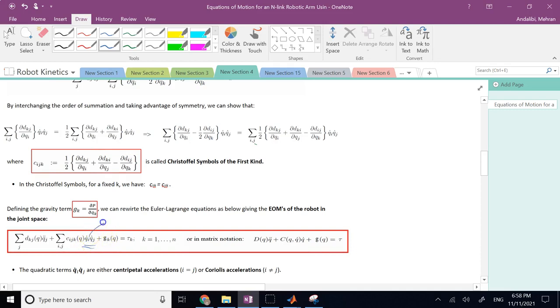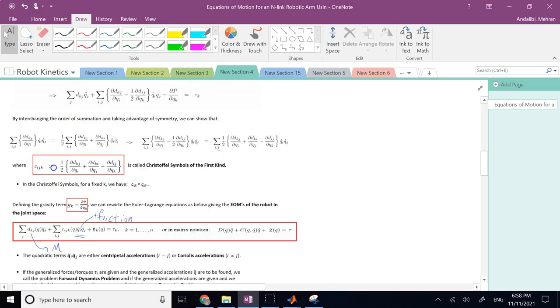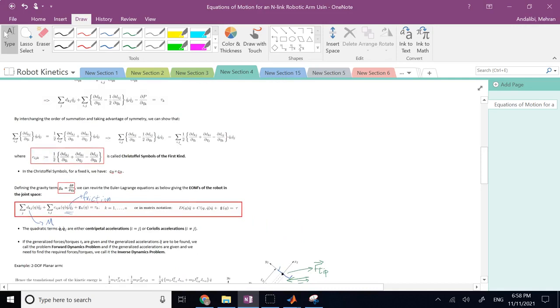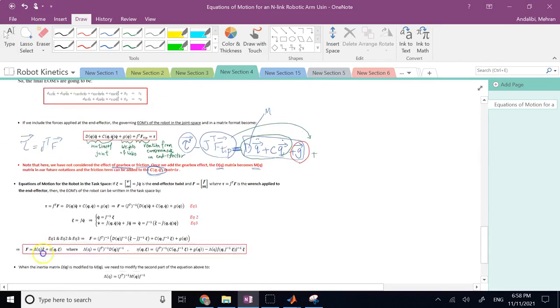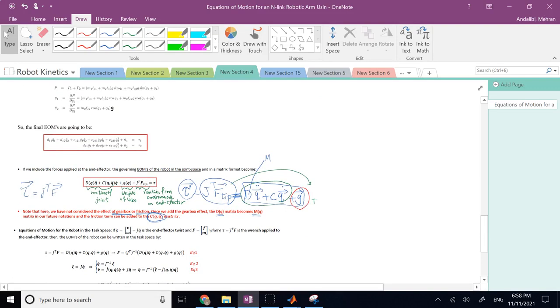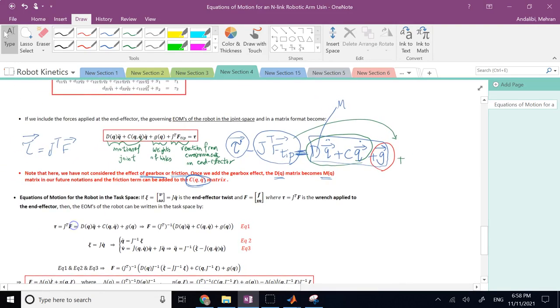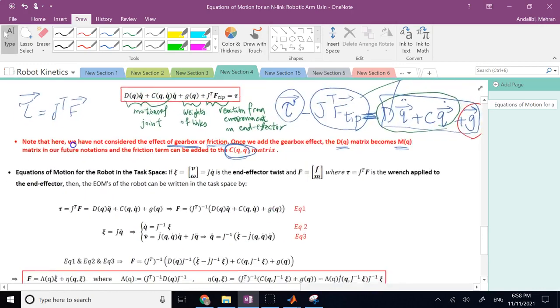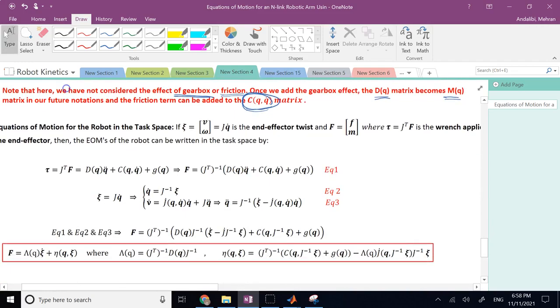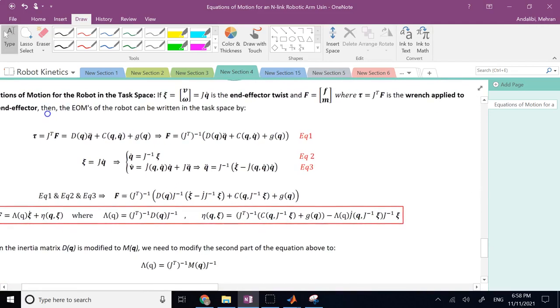But later, some friction terms will be added to it, and this D will be like M. So if you really want to consider all dynamics, then you have to bring those in, and that's what we're going to do in the next video. But right now, if we neglect the effect of those, which in reality you can't, we are just deriving the initial set of equations with this simpler version. Good. So I just remind you about that, but we're going to see more discussion in a separate video.